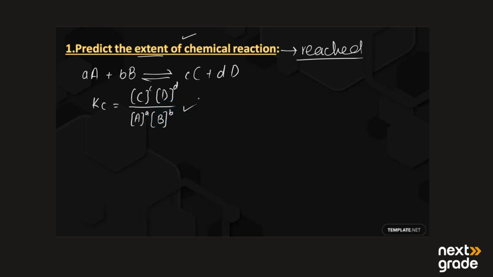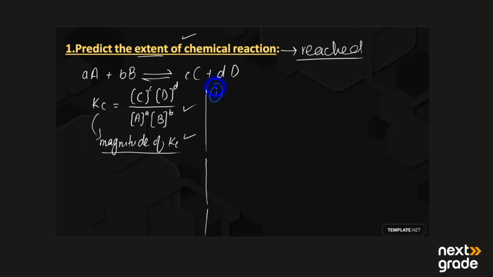This is simply Kc. So the extent of reaction depends upon the magnitude of Kc. So for the magnitude of Kc we have mainly three ways in which we can predict the extent of the chemical reaction.